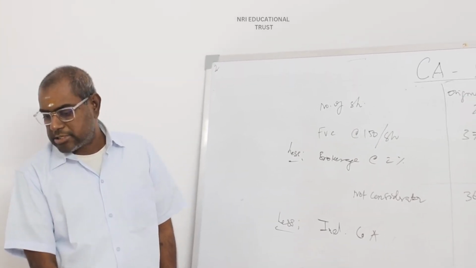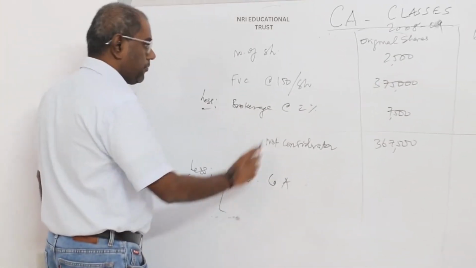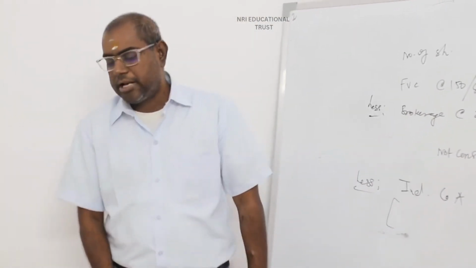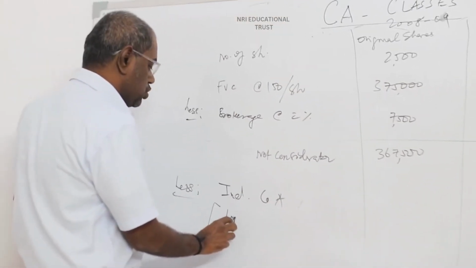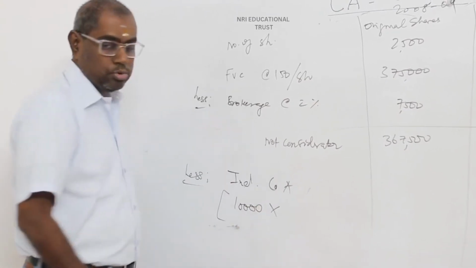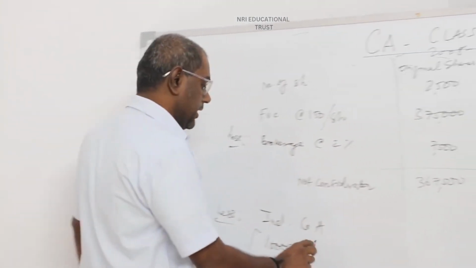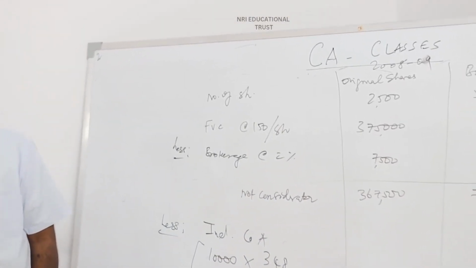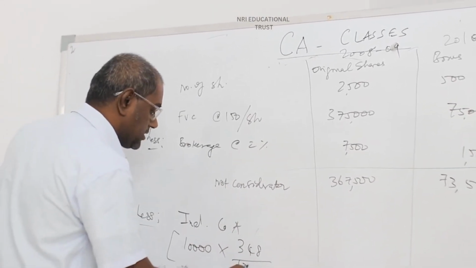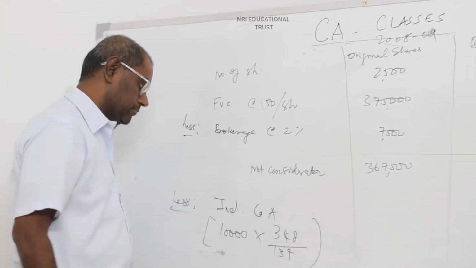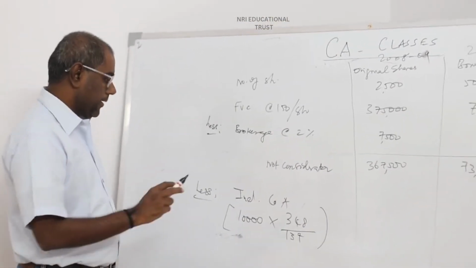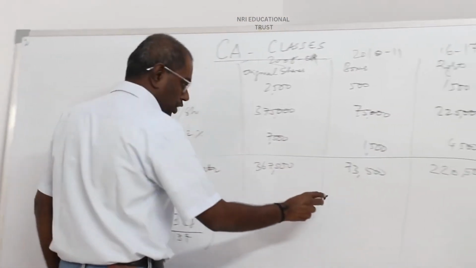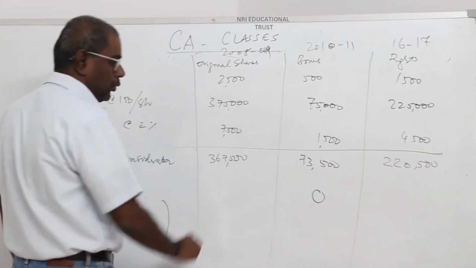The first case: what is the acquisition price? The acquisition price is 10,000 rupees. So 10,000 into 348, which is the index given in the problem, divided by 137 for 2008-09. Then second, the cost of acquisition in case of bonus shares is 0.